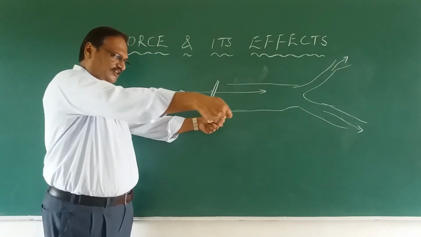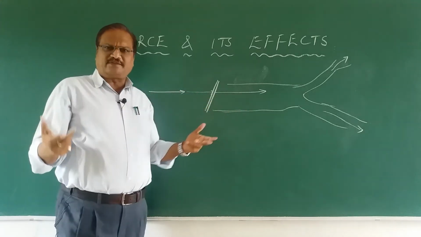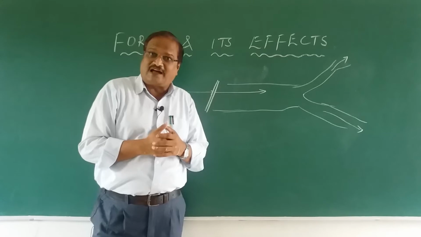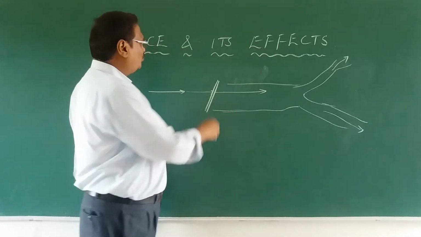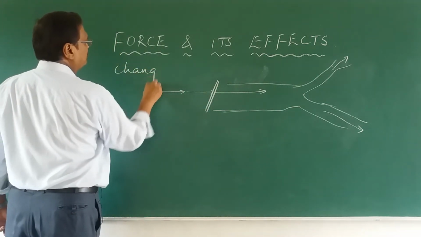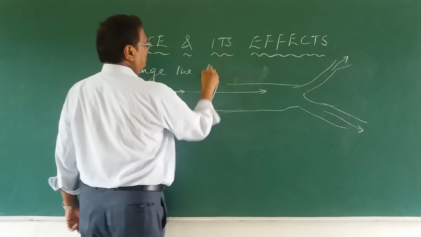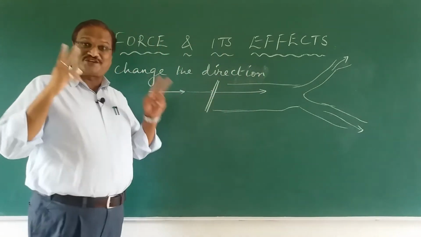You will turn it. If you are driving, let us say, a car, what will you do? You will turn the steering wheel. So force can change the direction of a moving object. You can change the direction.